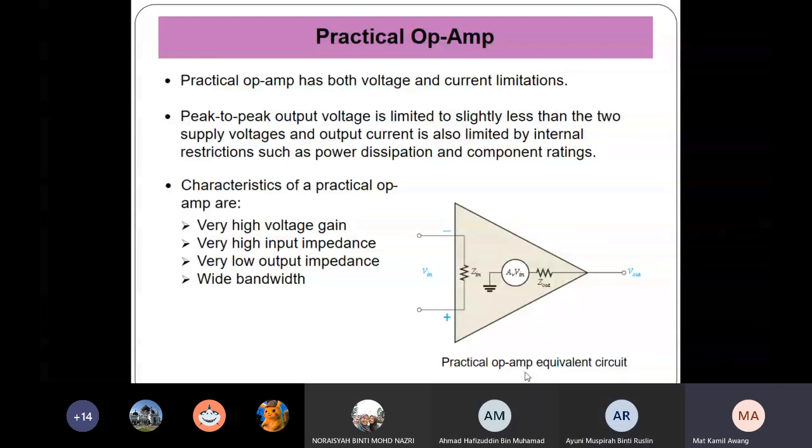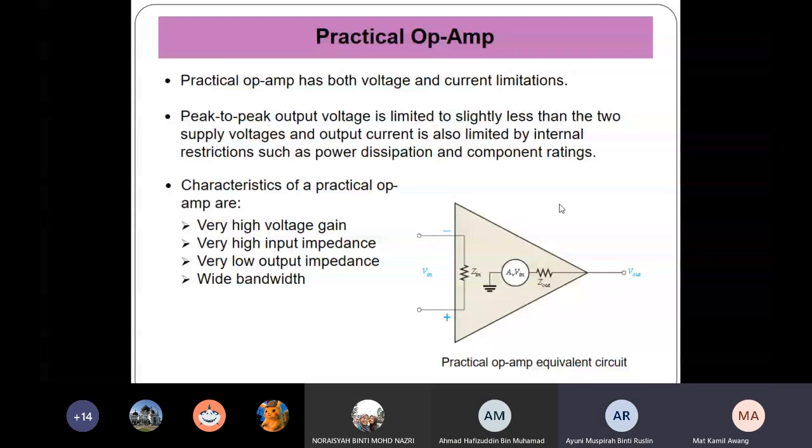Let's say, for example, that you have plus 10 volt and minus 10 volt. Therefore, the output peak-to-peak is in between 0 and 20 peak-to-peak, because from minus 10 to plus 10 the amplitude is 20.